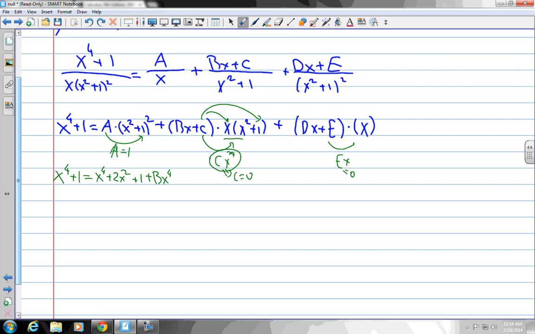Plus bx squared. C equals 0, so nothing there. And then plus dx squared. Let me just squeeze it in here. So plus 1 plus bx to the 4th plus bx squared plus dx squared.